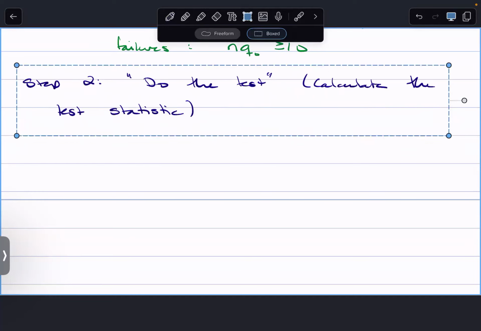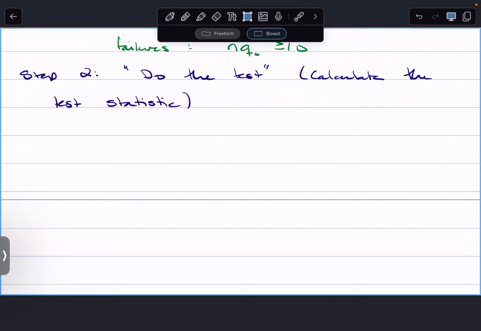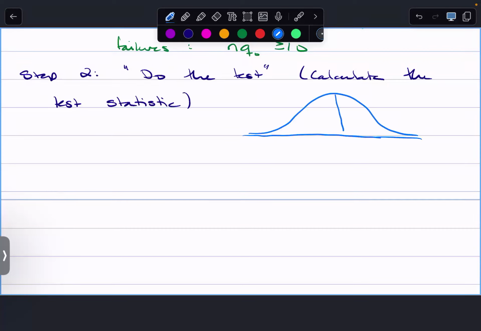I'm going to move it up just a smidge. What we want to do is see how far my sample proportion is from my hypothesized proportion. To visualize it, I've got my hypothesized center, and maybe my p hat, my sample proportion, is up here, and I want to figure out how far this is from p naught.